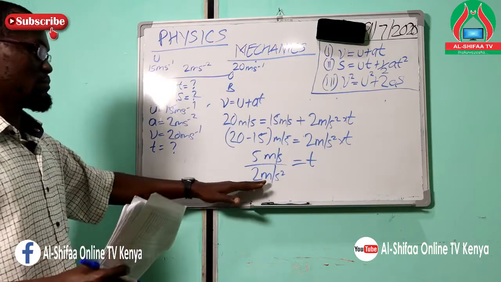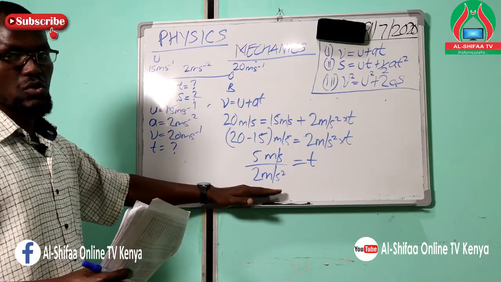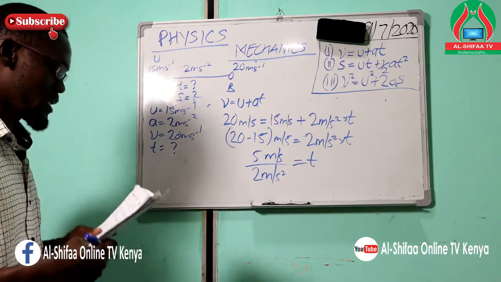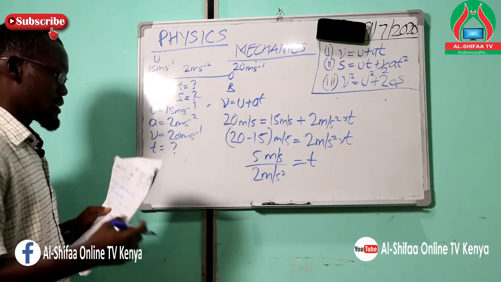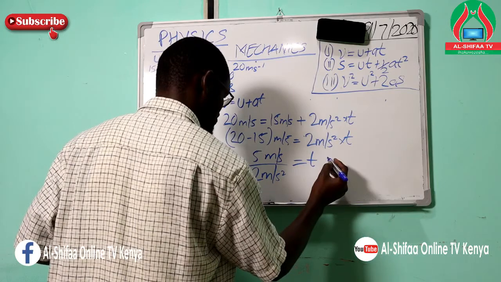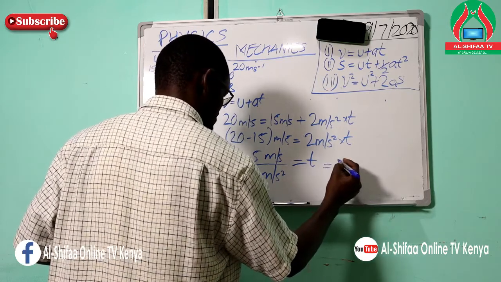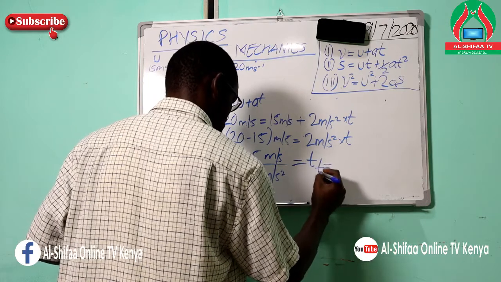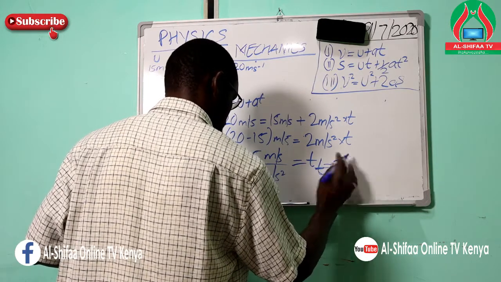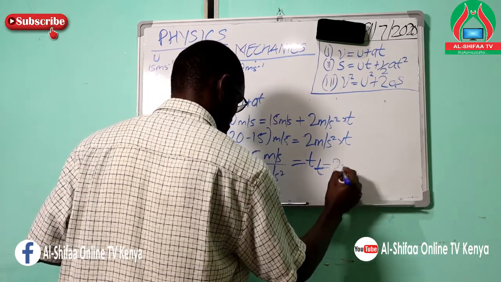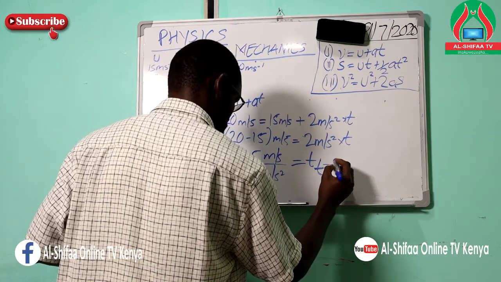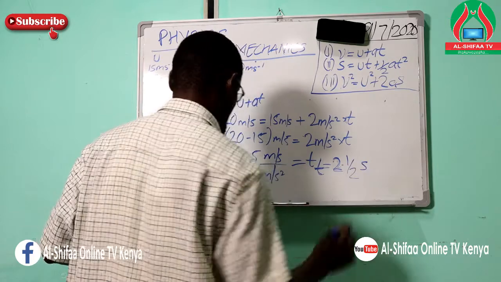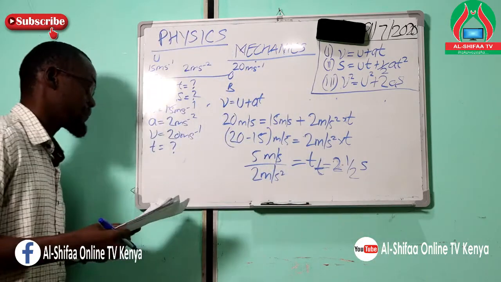So the meter per second and meter per second will remain with only one unit, which is second. And we'll get that our time t is equal to 2.5 seconds. That's our time.